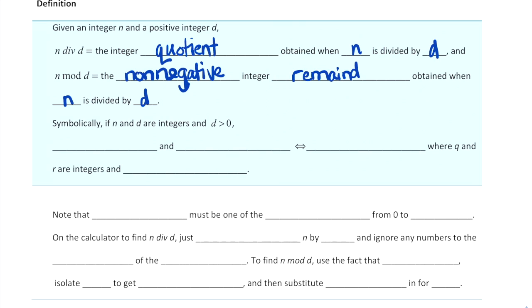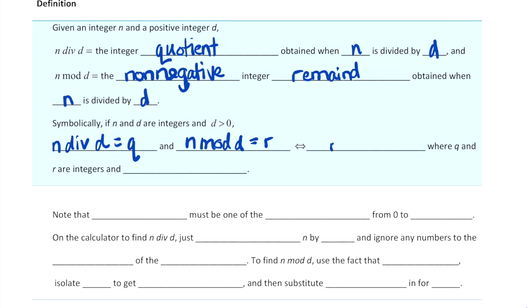So the takeaways from here is that n div d is equal to what? Very good, Q, and n mod d is equal to R. So symbolically, n div d equal to Q and n mod d equal to R. Very good.